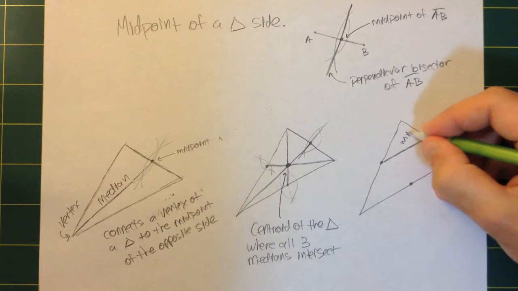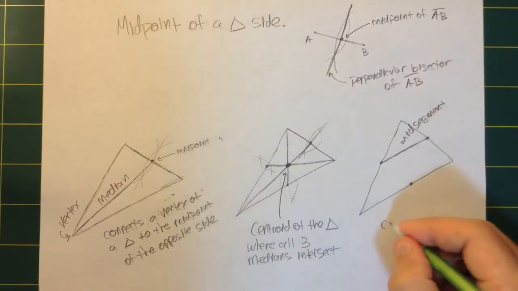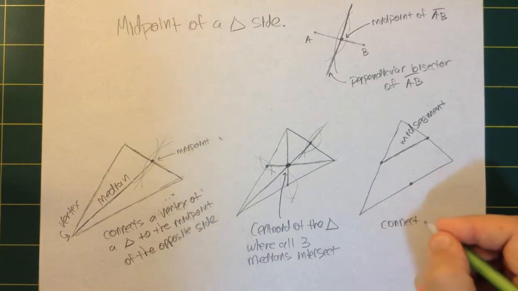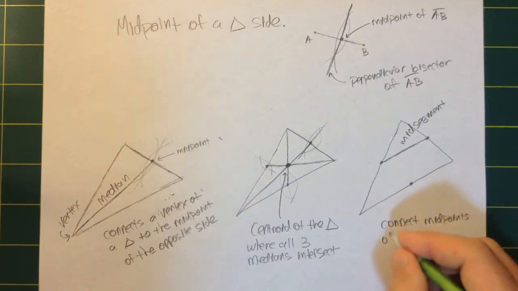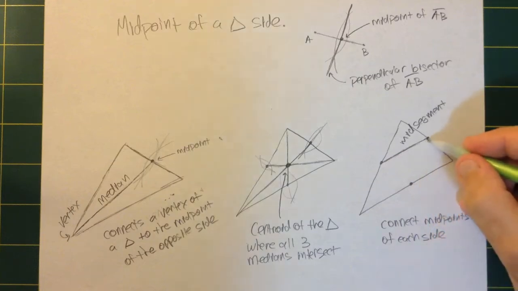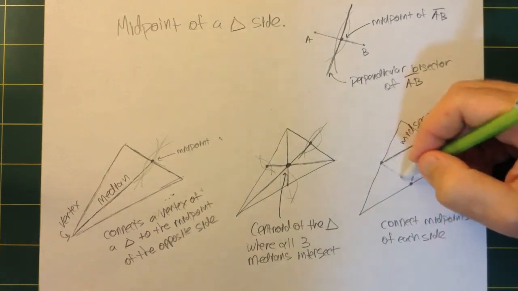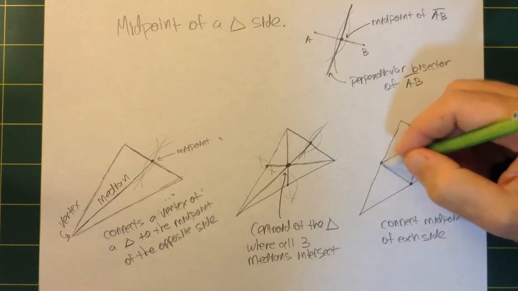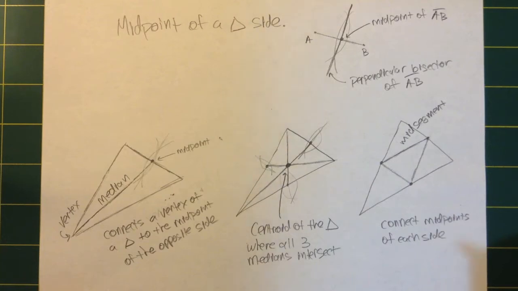It is called a midsegment, and they connect midpoints of each side. There are three of them. There's one here, there's one here, there's one here. If you put all three of them in, you get this cool Triforce looking kind of figure.